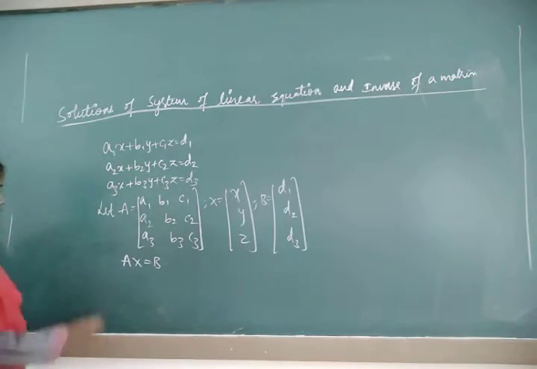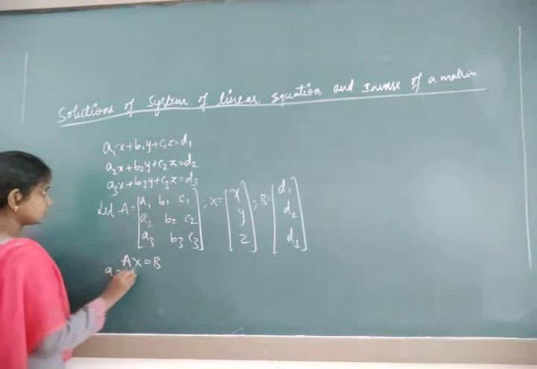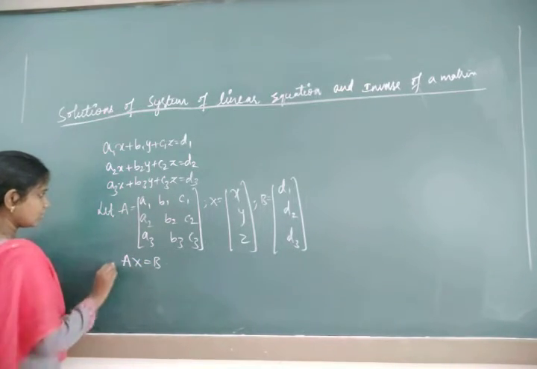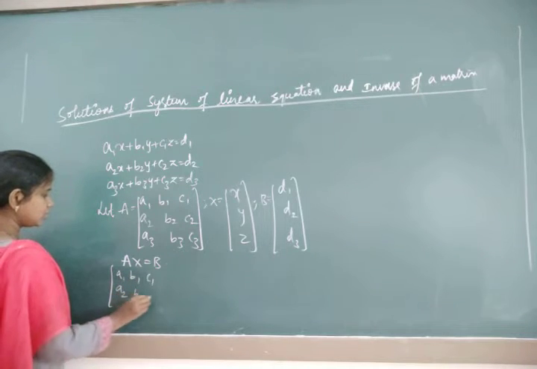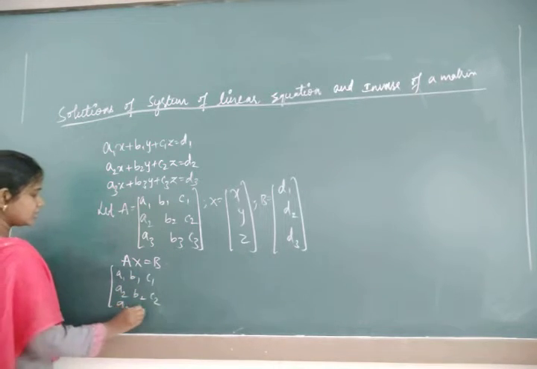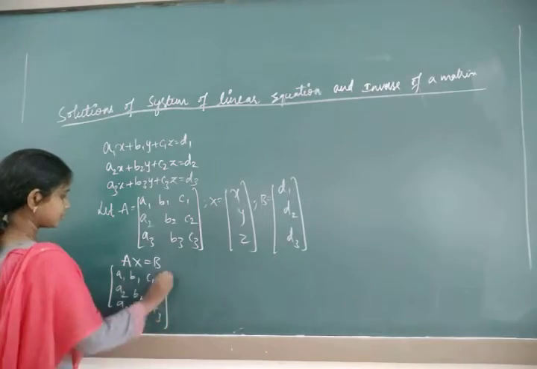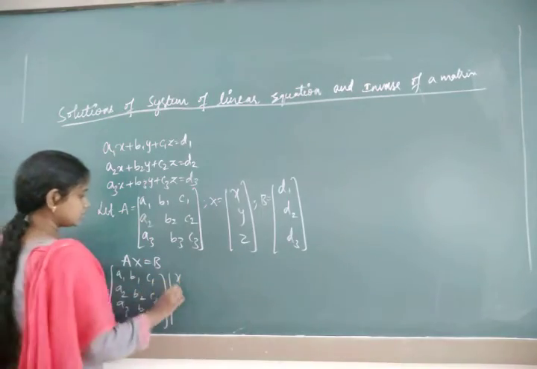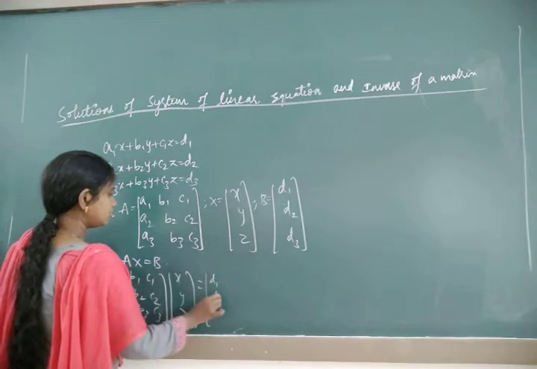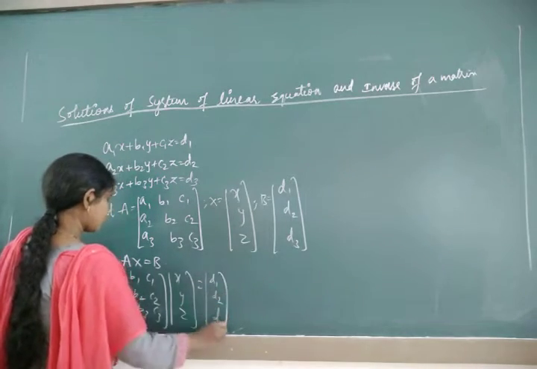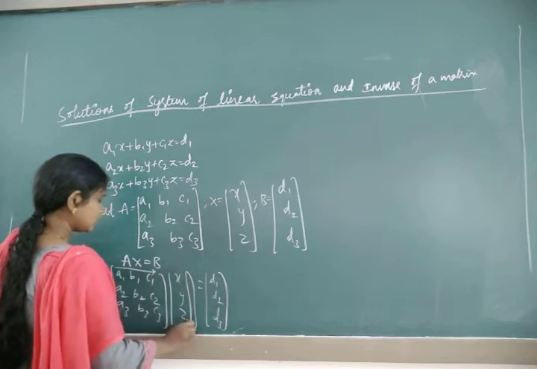I will show this. The A value is a1 b1 c1, a2 b2 c2, a3 b3 c3, the X value is x y z, and the B value is d1 d2 d3. Multiply, what are you going to get?